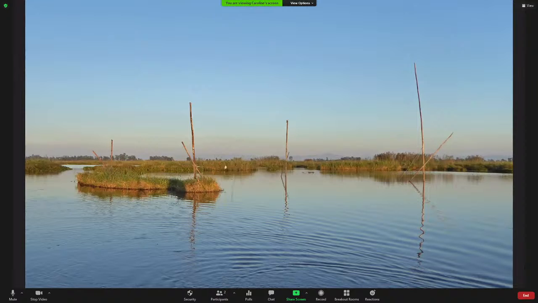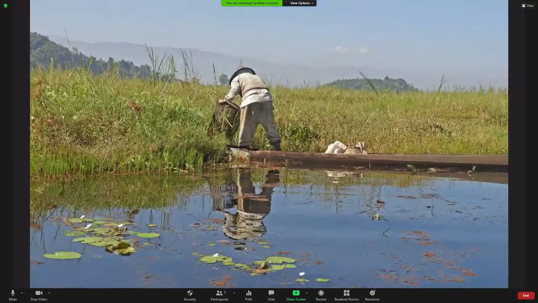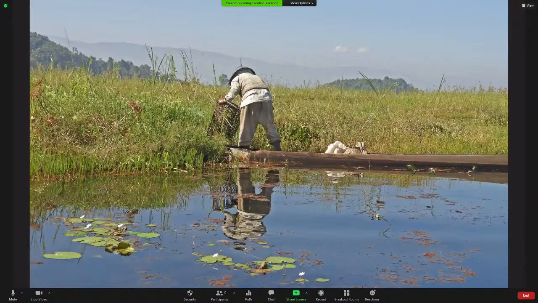I'm not quite sure how they do it, but those posts hold the nets, and there's people going backwards and forwards in little boats all the time, checking things out and bringing up fish. They also do some trapping of fish as well, and I didn't quite work out how that worked, but it looked quite intriguing.